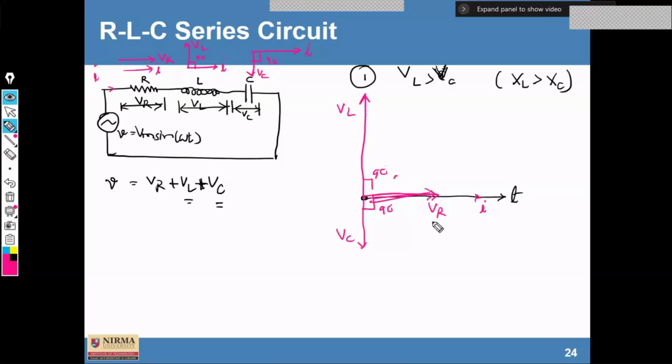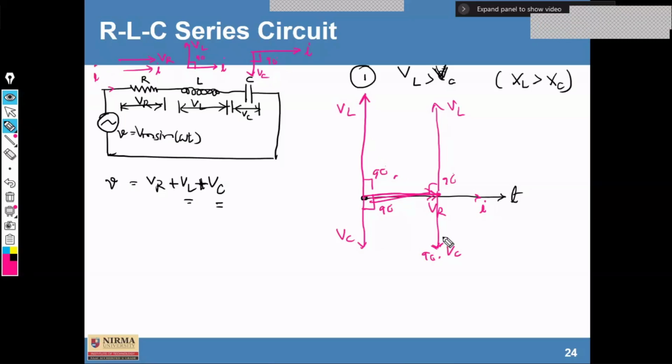Clear? Now, if we transfer these vectors to this place, we can draw VC parallel to the other vectors, VL and VC. We can draw VL here; this is 90 degrees, and this is also 90 degrees. Now, what would be the resultant? It would be either on the upper side or on the lower side, depending upon the values of VL and VC.